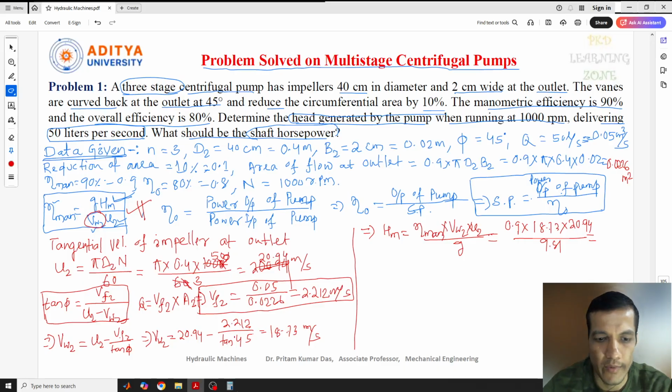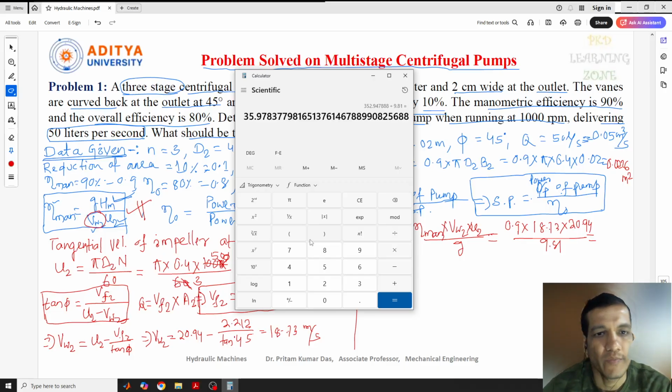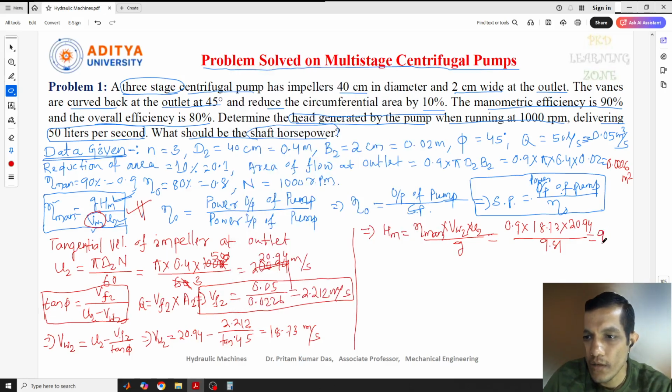So now let me solve: 18.73 multiply 0.9 multiply 20.94 divided by g 9.81, we got 35.98, that is Hm. So this is the manometric head, 35.98 meter. This is our answer.